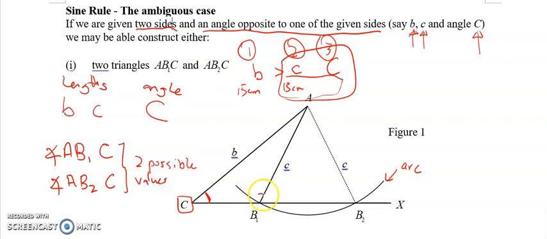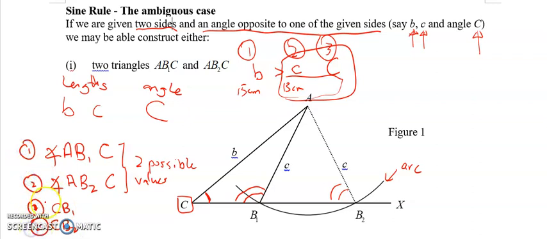Alright, of angle ABC. Okay, two possible values. Keeping the length BC and the angle C, we can have two possible values, and also the length of CB. We can have CB1 and also CB2, depending on the situation, situation 1 or situation 2.